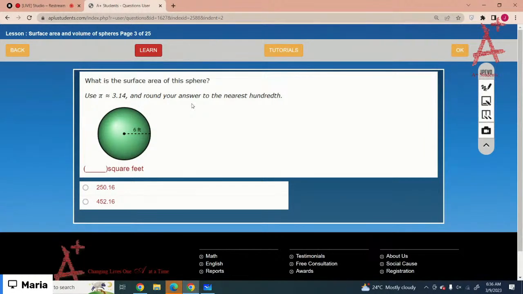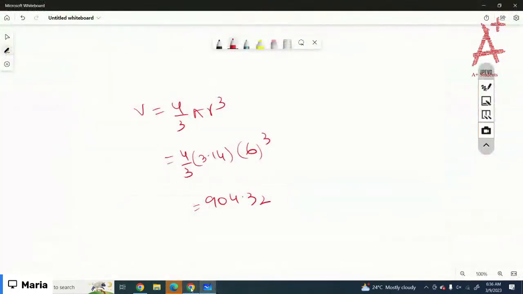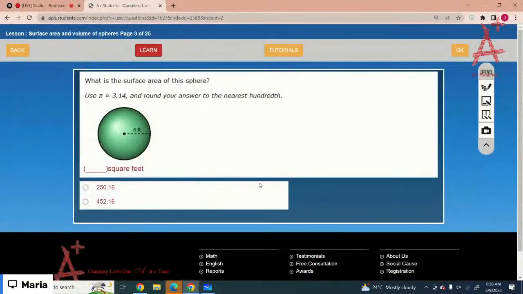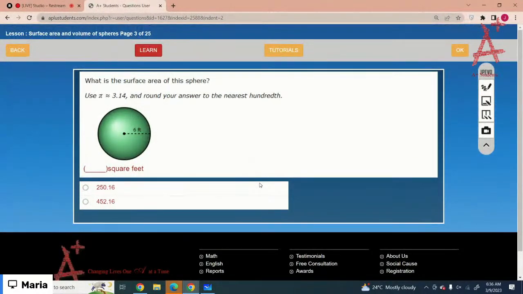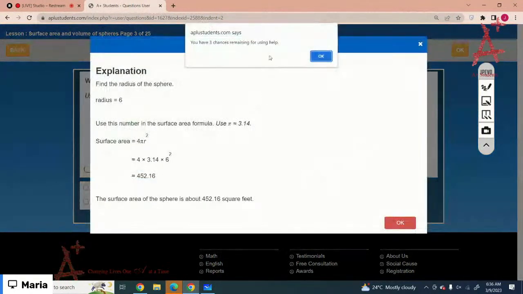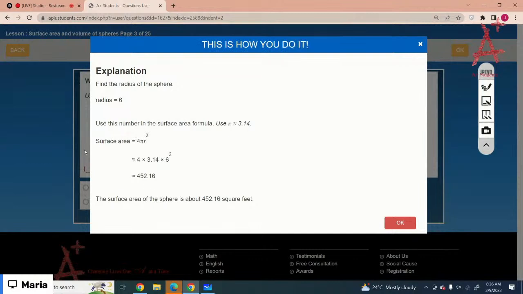I am calculating the volume, but you have to calculate the surface area of the sphere, not the volume. Got it? For the surface area, you have to calculate 4 pi r square. The formula to calculate the surface area of the sphere is 4 pi r square. Just calculate the values.